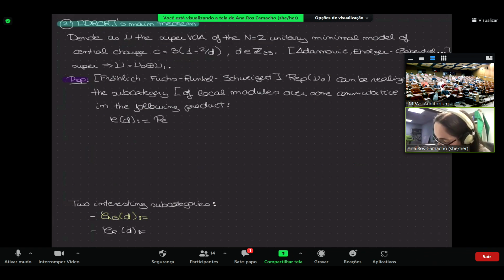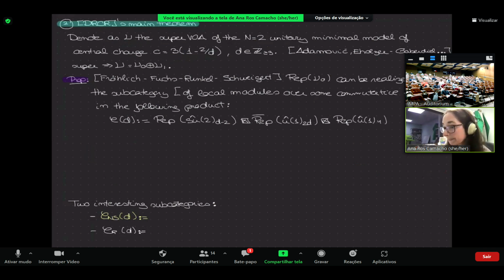So this is going to be the triple Lie tensor product: SU2 plus 2, representations of U1, representations of U1, 4.